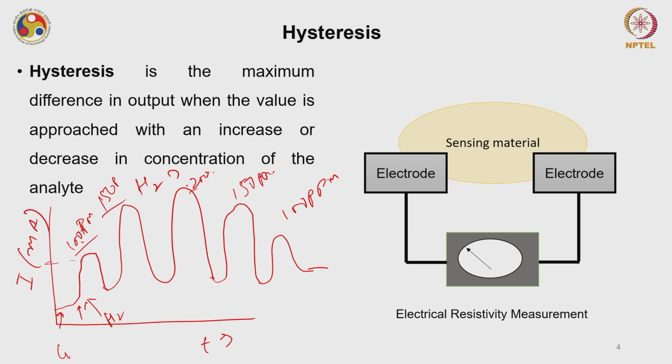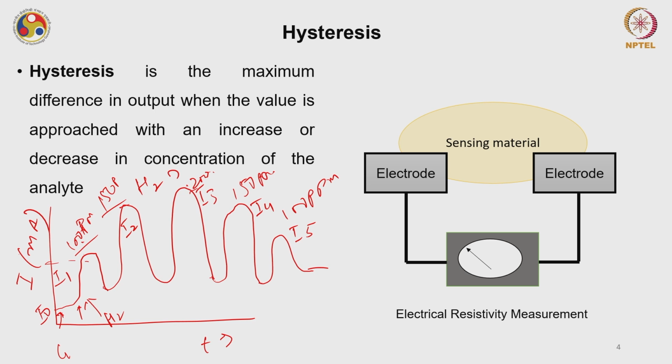Say here the current is I1, here I2, this is I3, this is I4, and this is I5, while the baseline current is I0. This is my dynamic response.